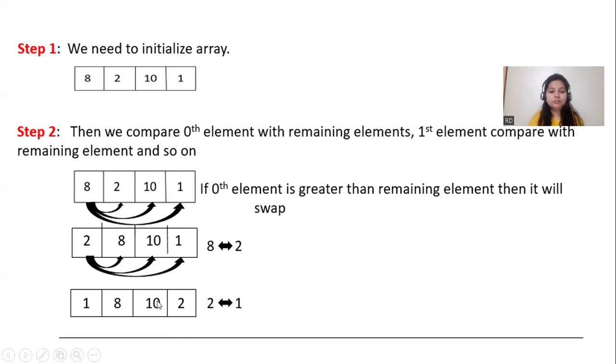Then 10 will be compared with the next element, means 8. Then 8 will be swapped with 10, and here the third index element becomes 8 and the fourth index becomes 10. This is our logic. Now let's write a program.